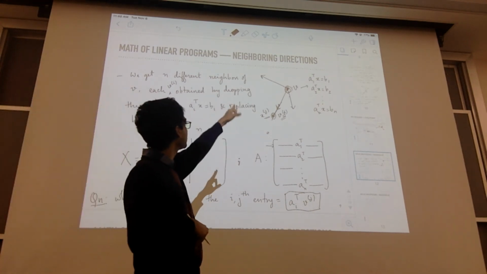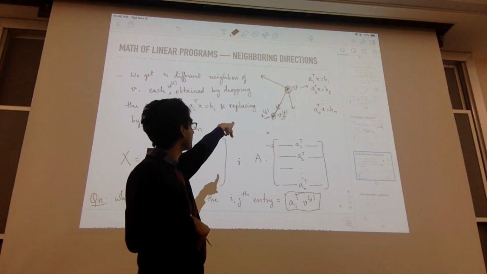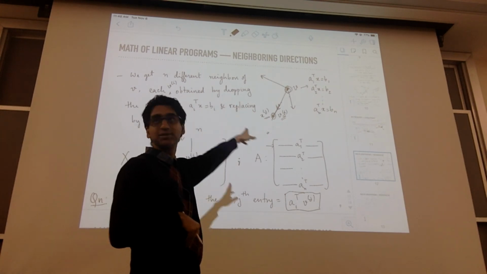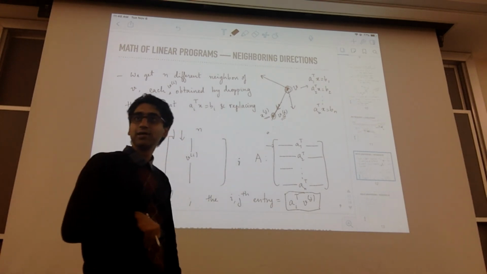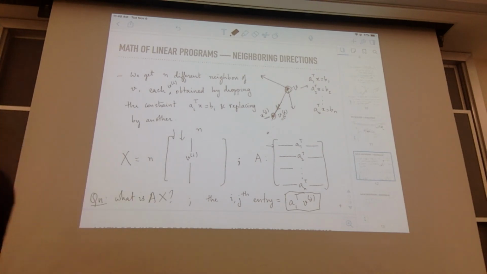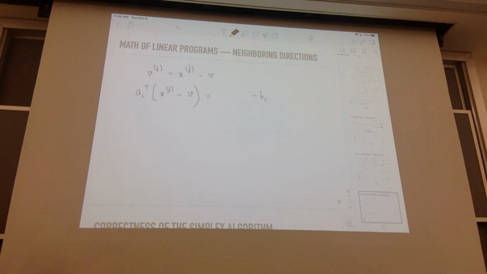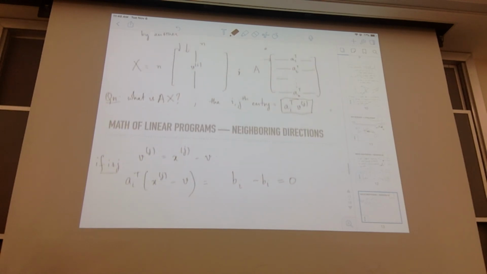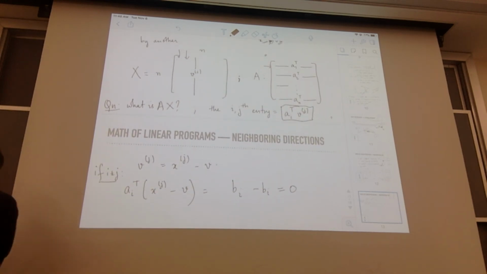So if i is not equal to j, then I claim this is bi minus bi. I'll pause here so that you all believe it.